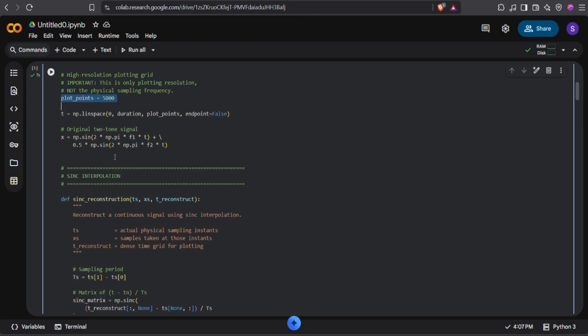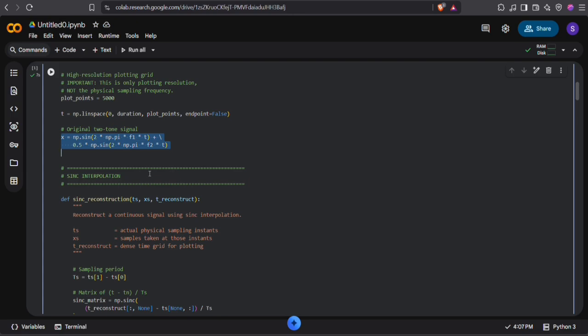Now coming to the original signal, which is here, the equation x equals np.sin(2 * np.pi * f1 * t) plus 0.5 * np.sin(2 * np.pi * f2 * t).